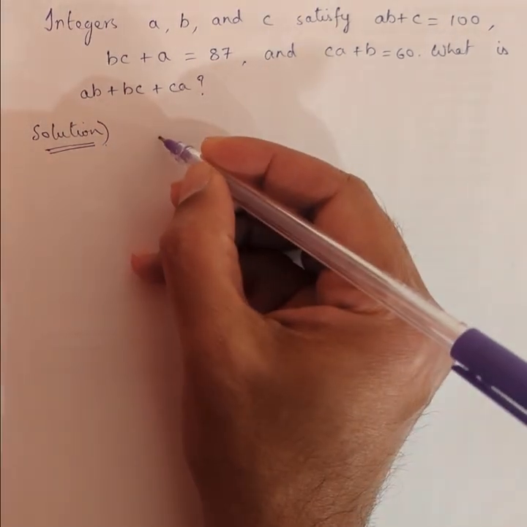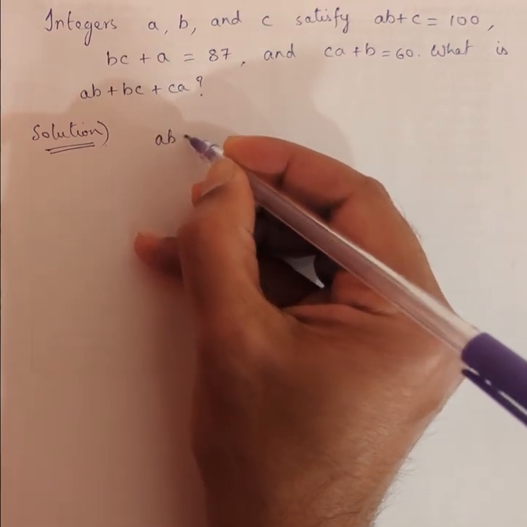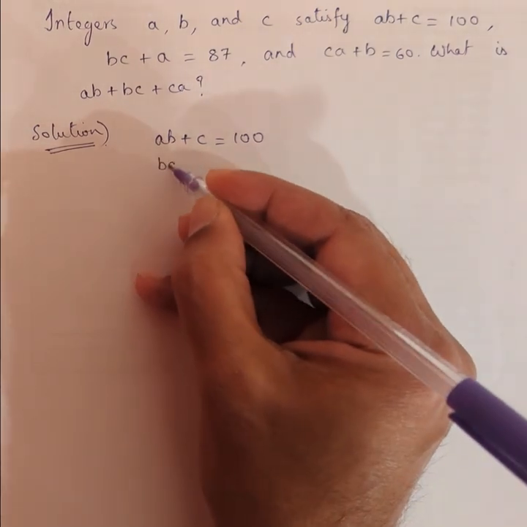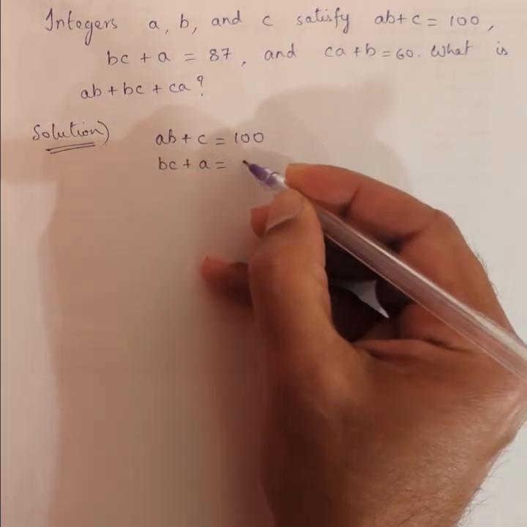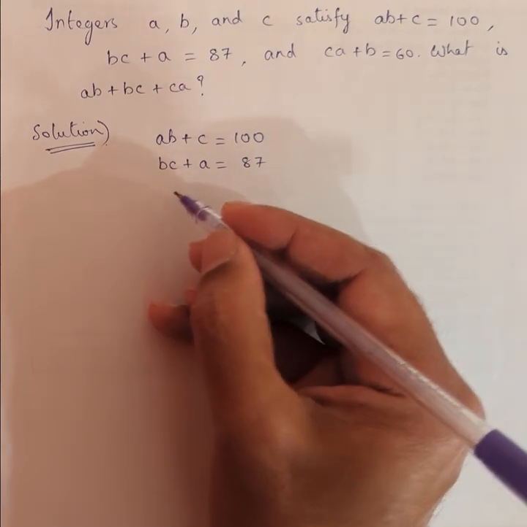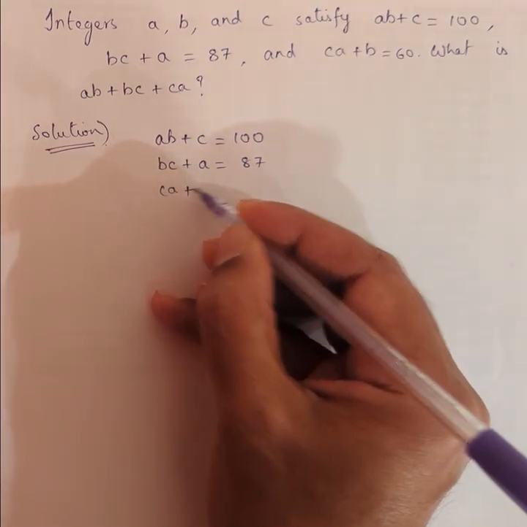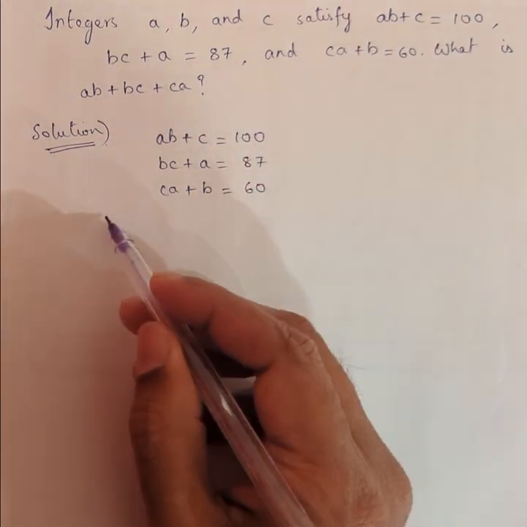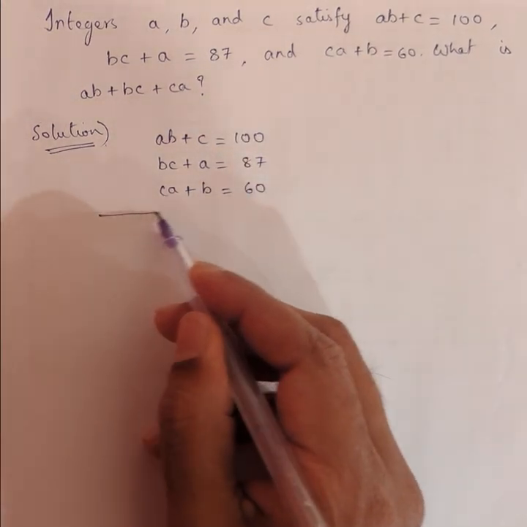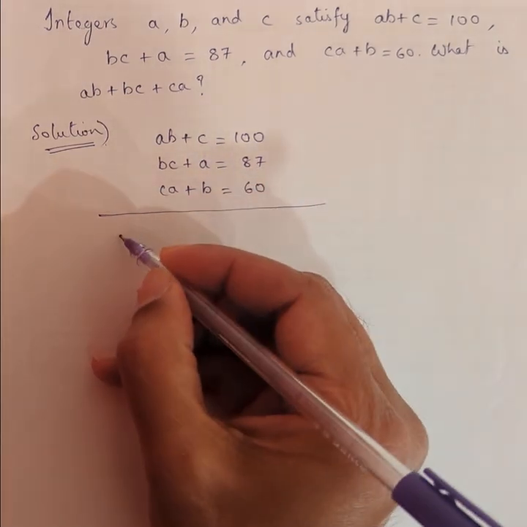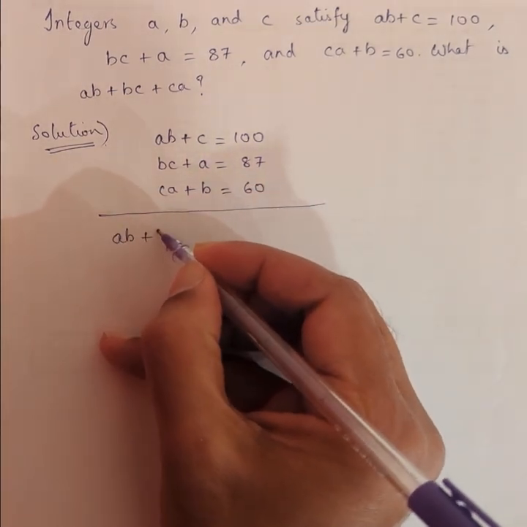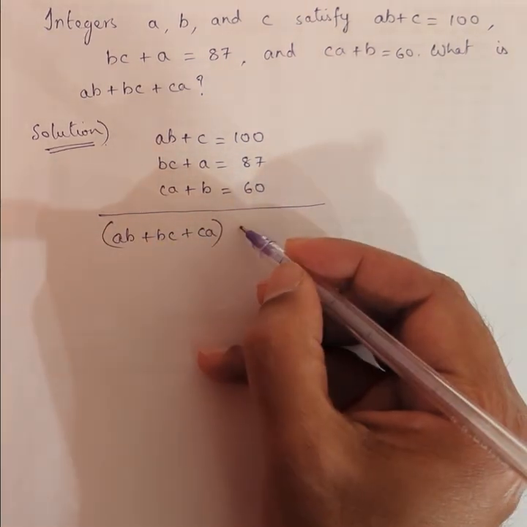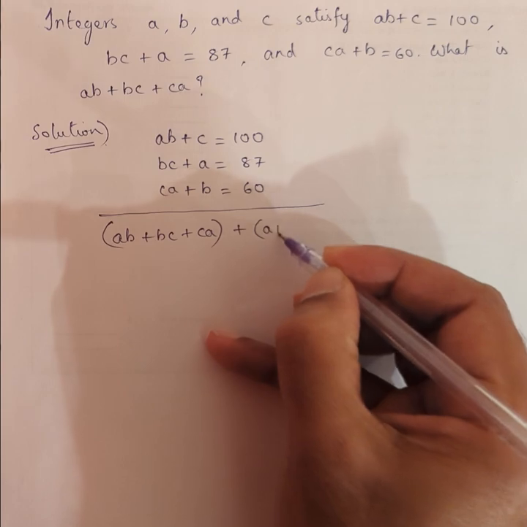Now, if I write those equations, ab plus c equals 100, bc plus a equals 87, and ca plus b equals 60. If I were to add all those equations, this is what I see: ab plus bc plus ca, and then I have a plus b plus c.